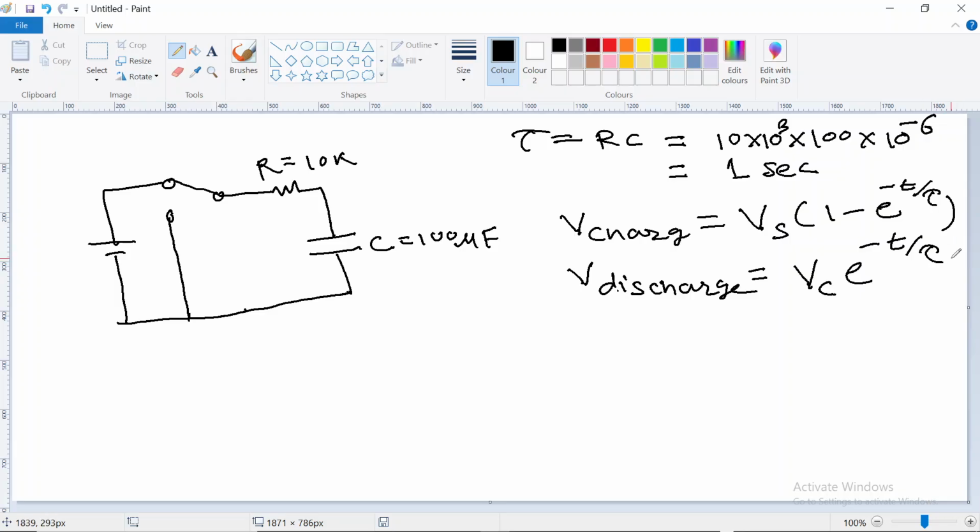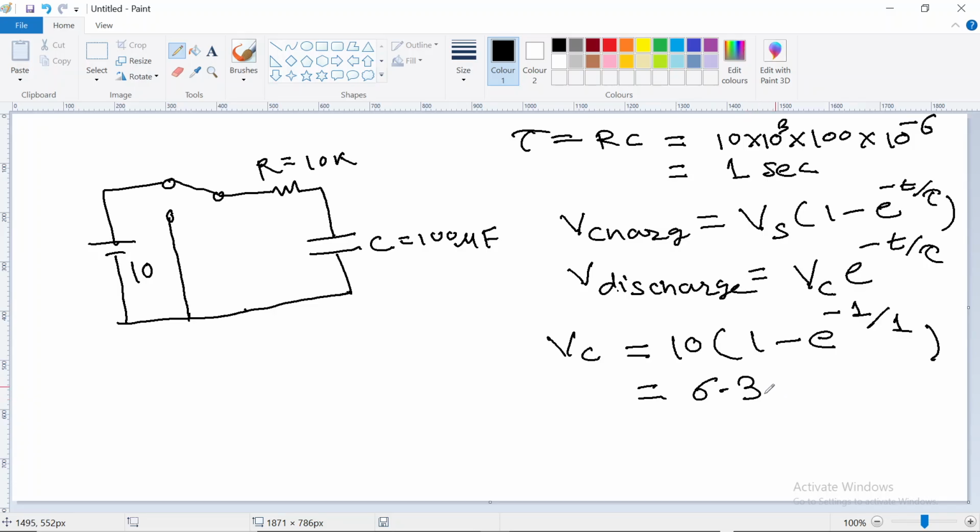Okay, so in one time constant, that is t equal to 1 second, and tau also equal to 1 second, our charge will be Vc charging equal to, let this be 10 volt, multiplied by 1 minus e to the power minus 1 upon tau, also 1 second. So it comes to 6.32 volt.